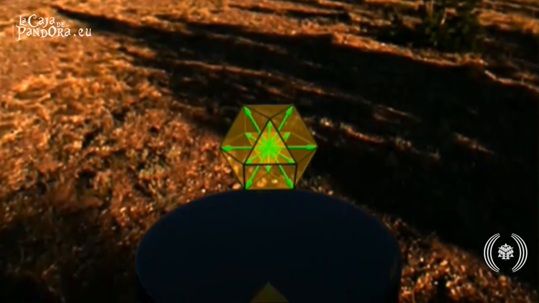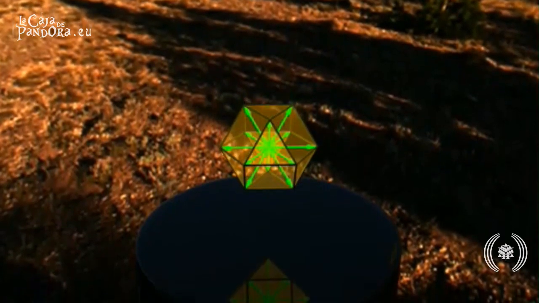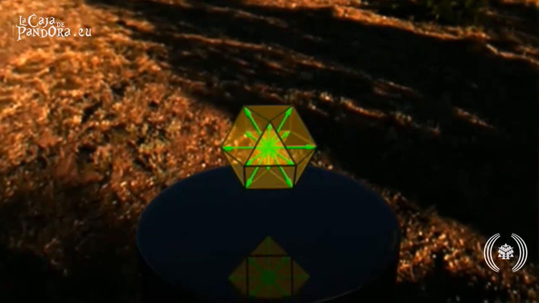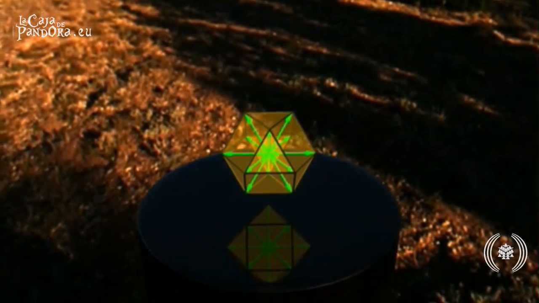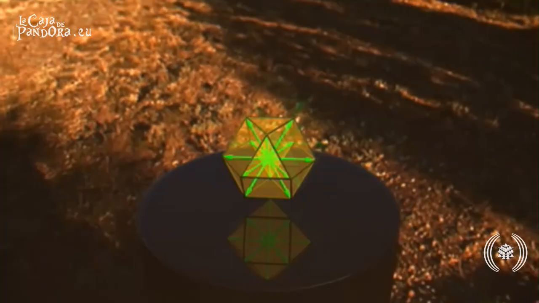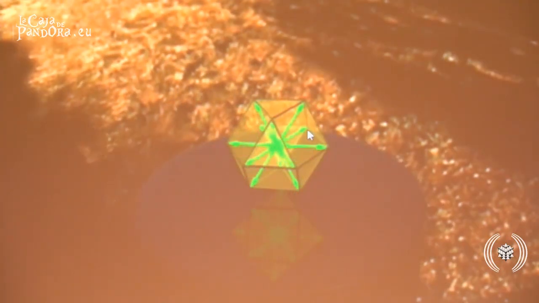Because the vectors to the middle are exactly the same length as the vectors on the edge, you get perfect equilibrium. There's no other geometry like this. 12 vectors coming together to produce singularity, to produce perfect stillness, perfect equilibrium.